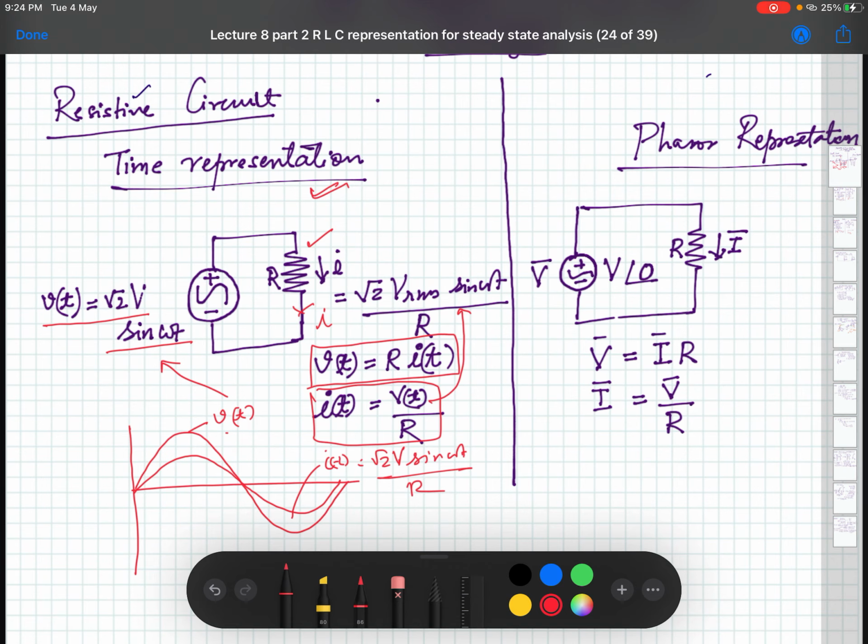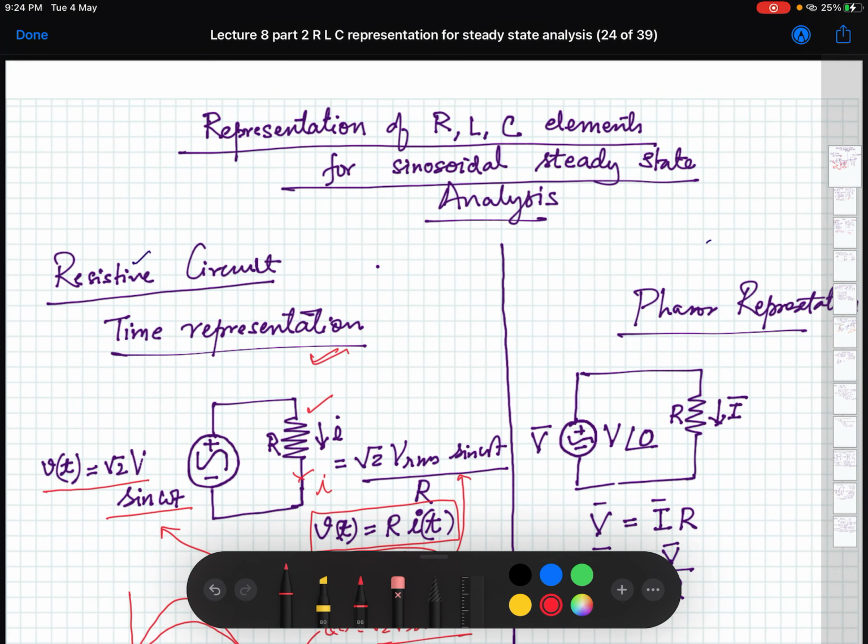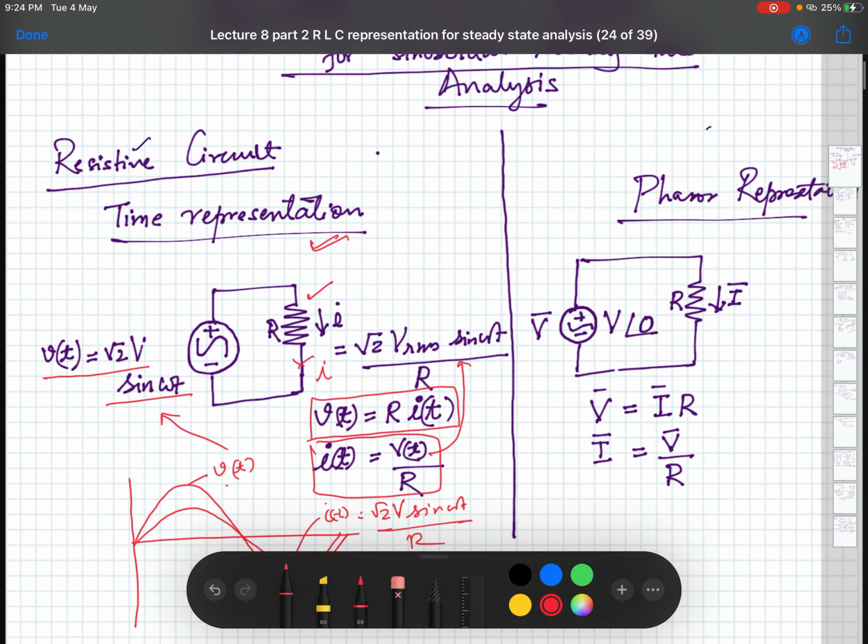We are talking about steady state, please remember. In any case, in a resistance, I and V have an instantaneous relationship.